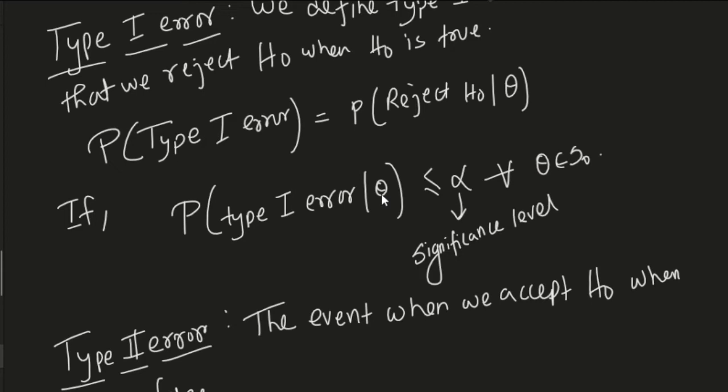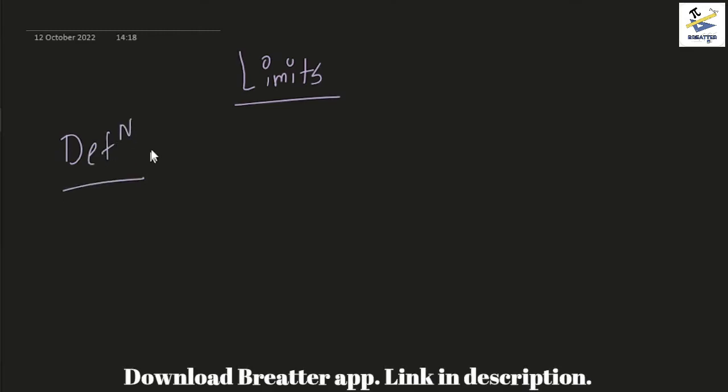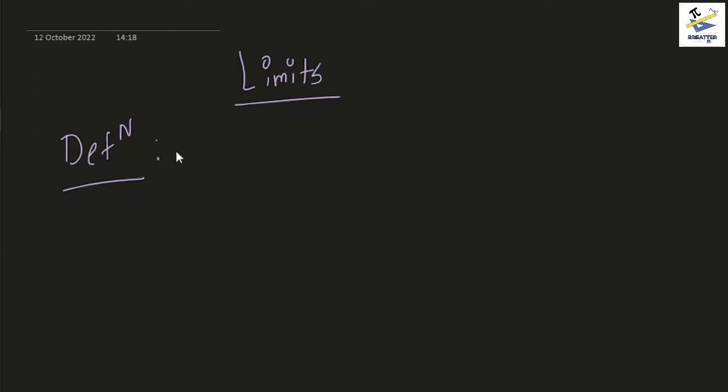Now for the examples part. So limits. Obviously, as the name suggests, you might have also seen it before. Limits are a way to find the limiting value of a function at a certain point.